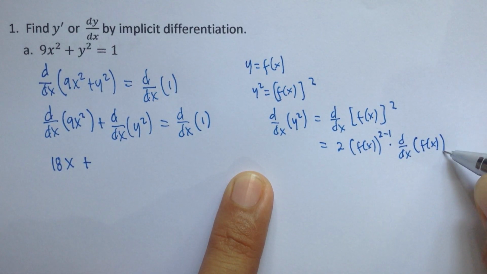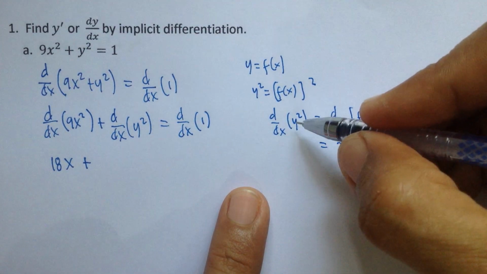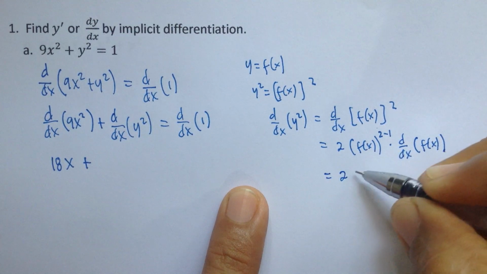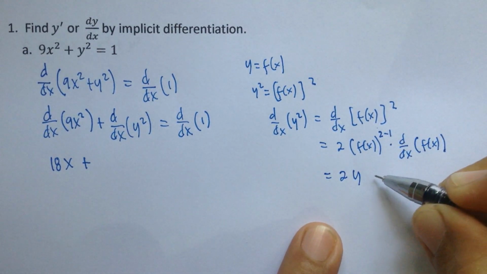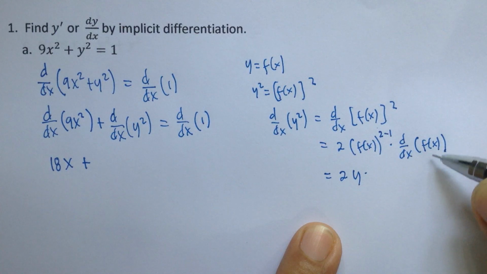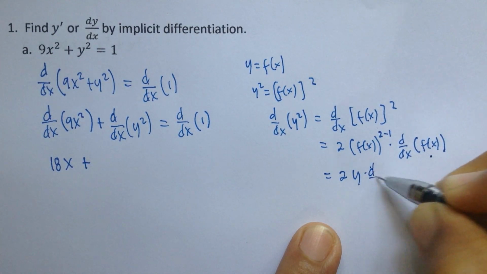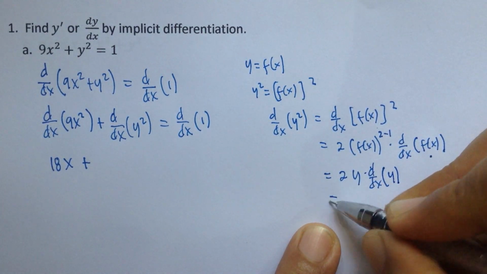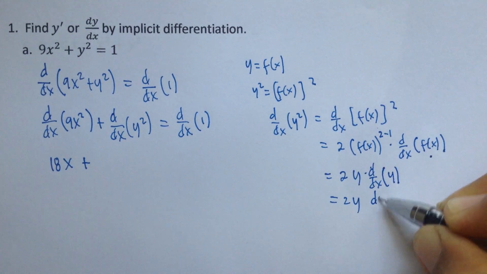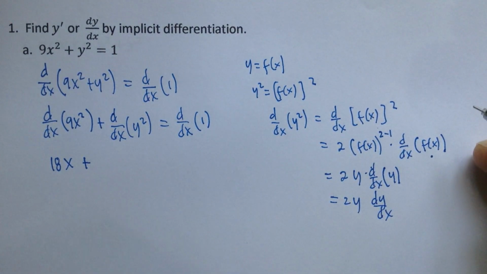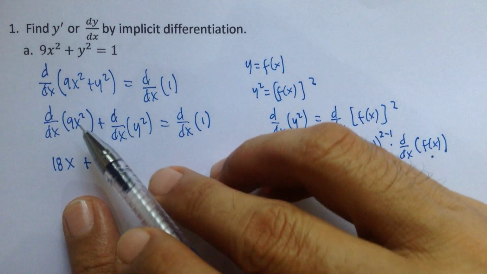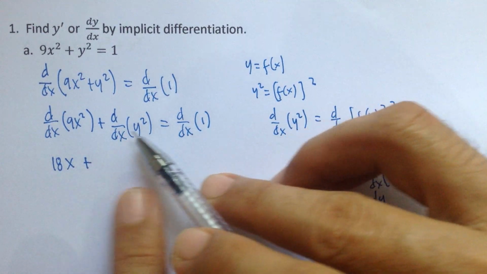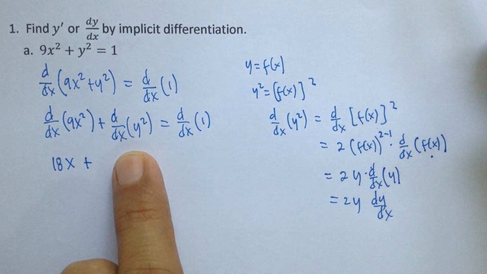Okay, so following that, the derivative of y squared, if y is equal to f of x, is actually equal to 2y to the 2 minus 1, which is 2y, times the derivative of f of x, which is y, or you can just write this as 2y dy dx. So this is the difference between finding the derivative of 9x squared with respect to x, and the derivative of y squared with respect to x.